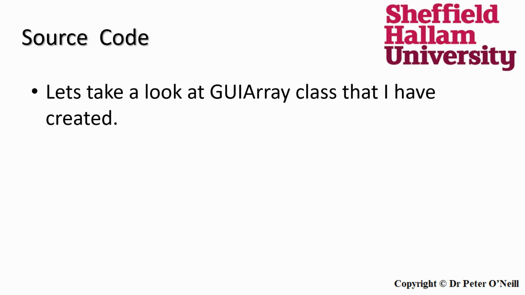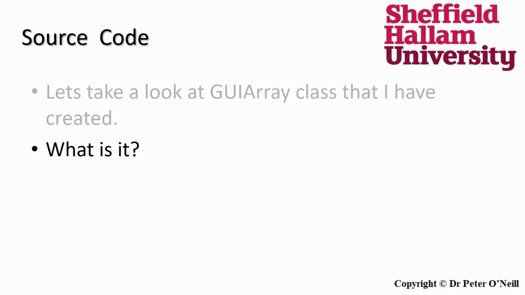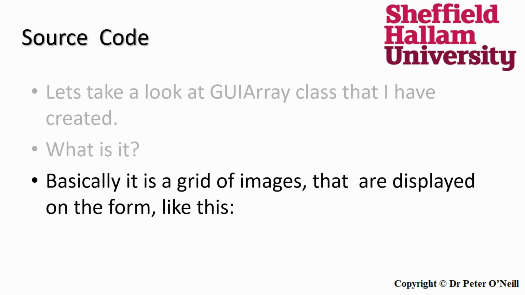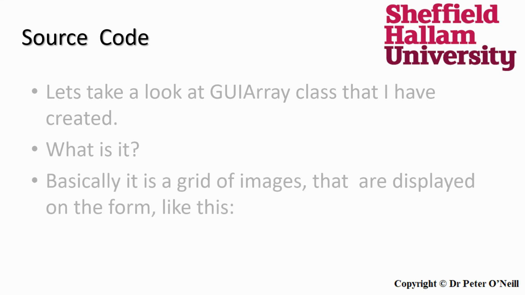Let's take a look at the GUI image array class that I have created. Well, first of all, what is it? The GUI image array class is basically a grid of images that is displayed on the base form, like this.